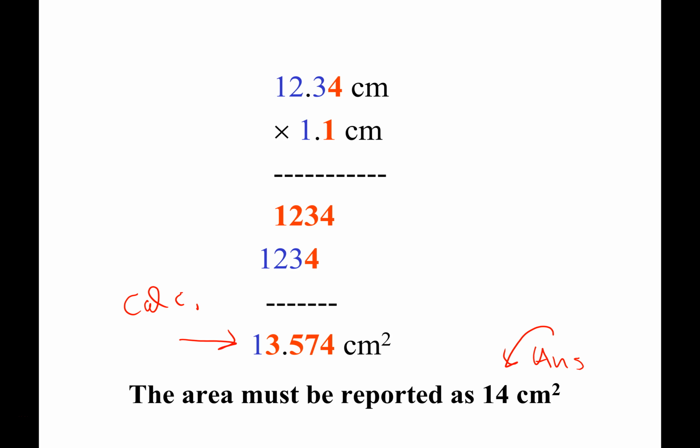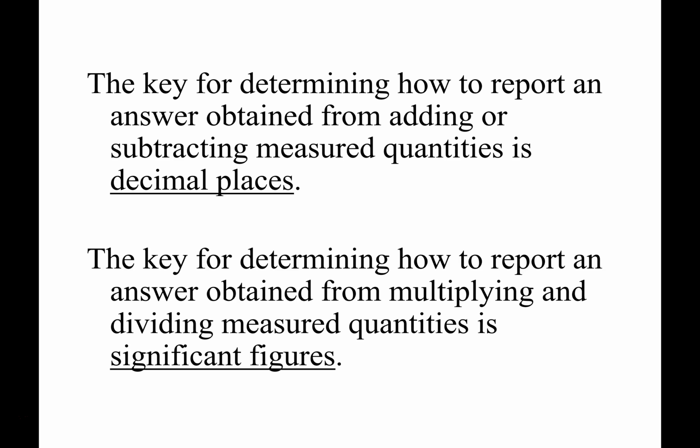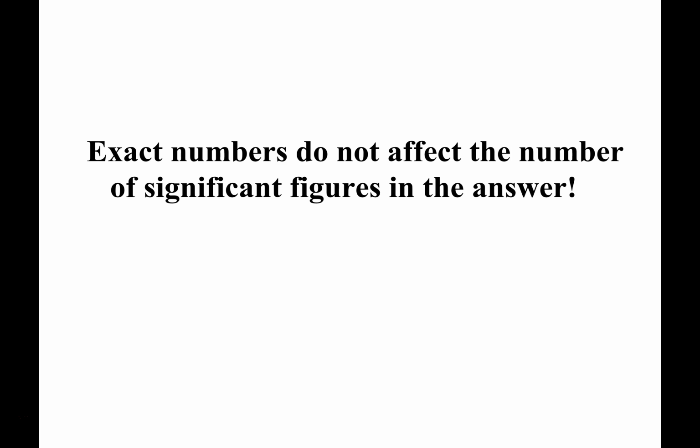Okay, fewest sig figs, multiplying and dividing. So this just recaps the key: to report an answer obtained by adding or subtracting, we said it was decimal places. If there's no decimal places, then you have to go with digits like tens. Ask me if you have any questions about that. But if you're multiplying or dividing, then you have to count and be conservative again with regard to sig figs.